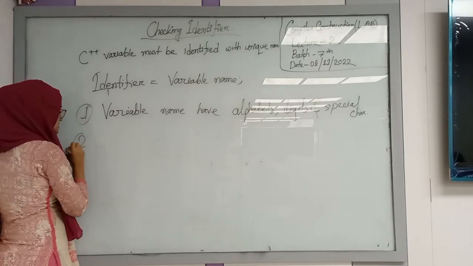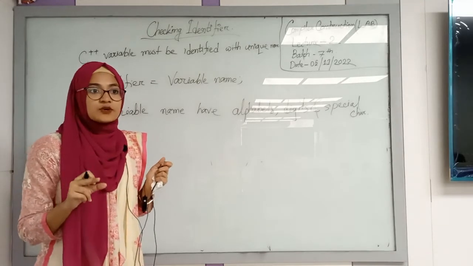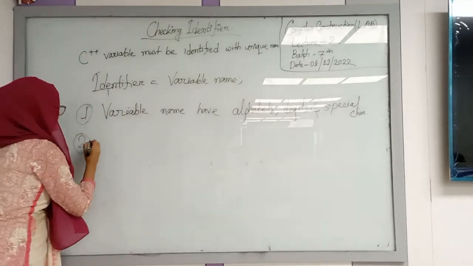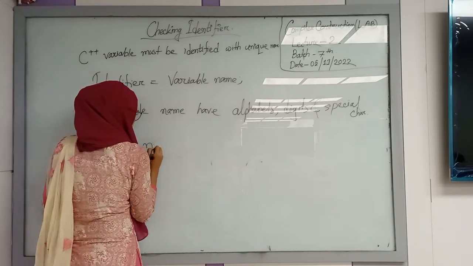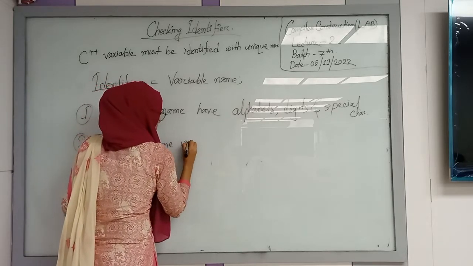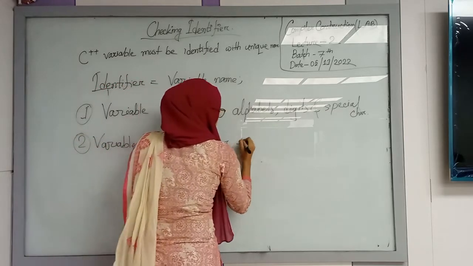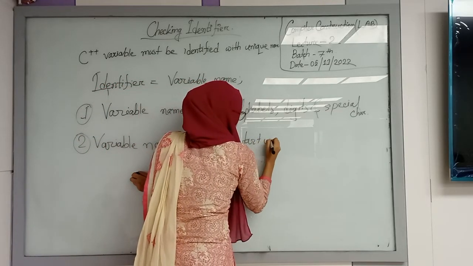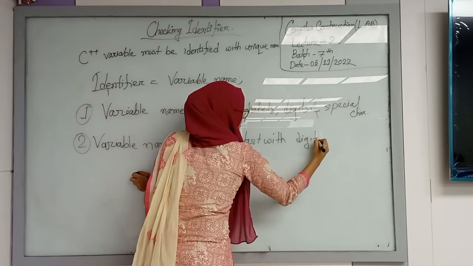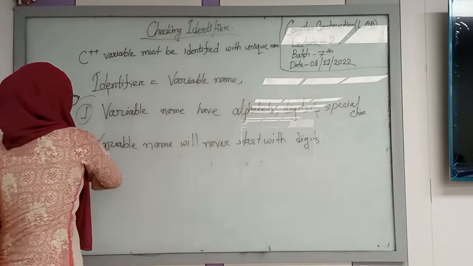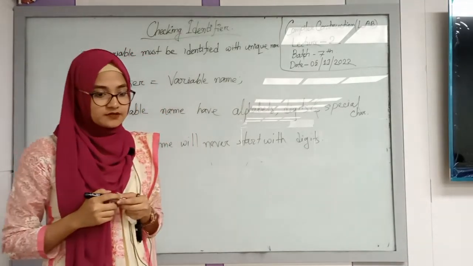The second one is the variable name will never start with digits. These two are mainly very important rules for being identifier or variable names.